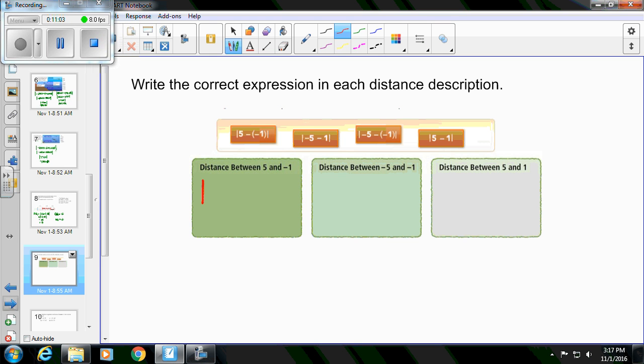Distance, absolute value between 5 and -1. Is that one of my choices? It sure is. It's the first one. For the second one, distance between -5 and -1: -5 minus -1. That works out to be this third tile. And the distance between 5 and 1 is the last tile.